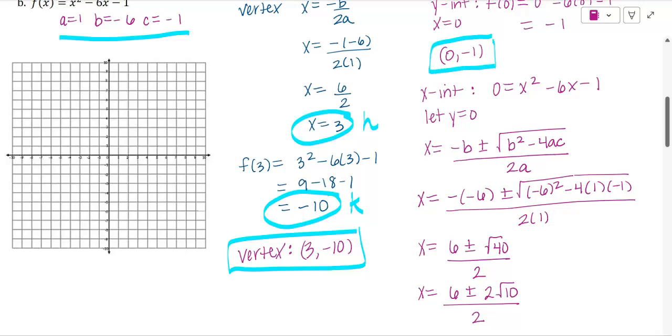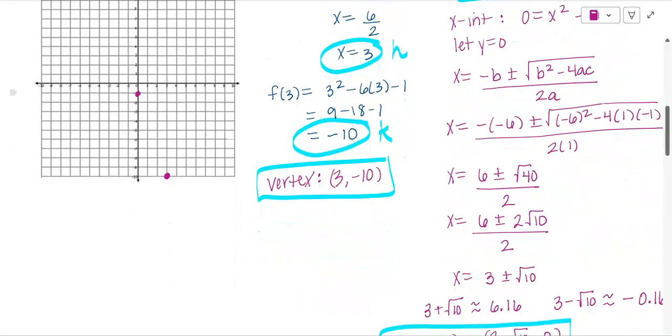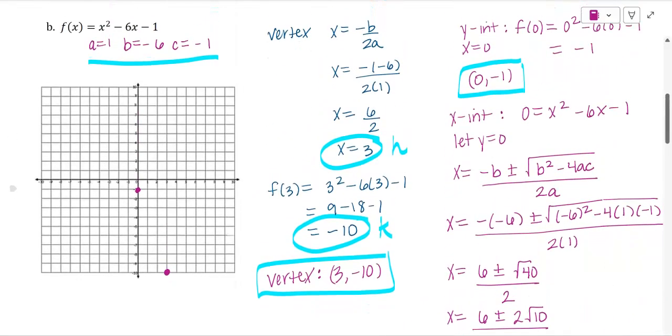All right, let's put this all together on our graph. So our vertex is at 3, negative 10. So that is way down here. Our y-intercept is at 0, negative 1. That's here. And then our x-intercepts were at 6.1, so maybe about here.